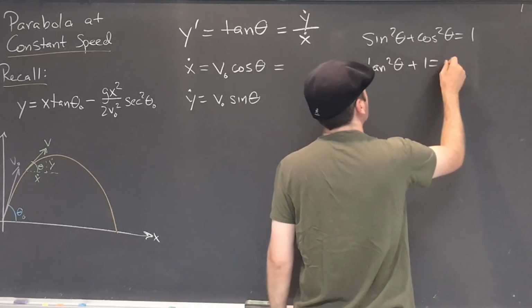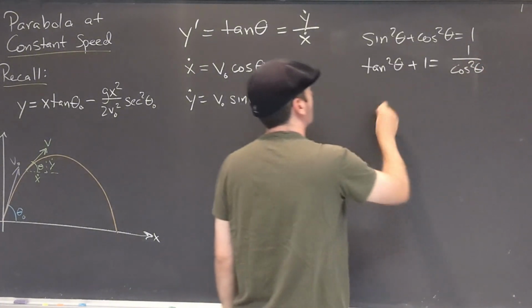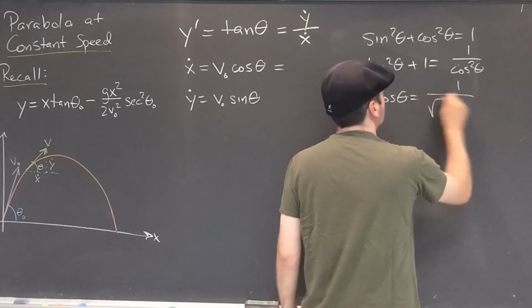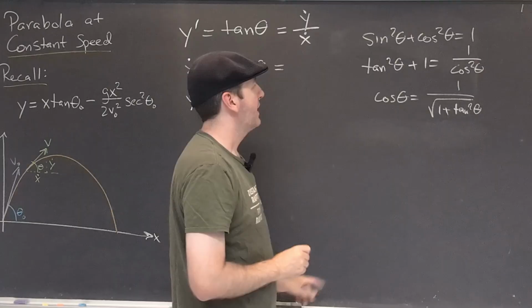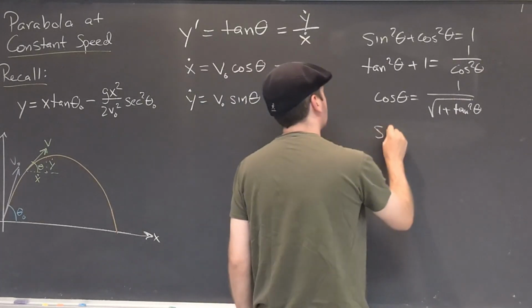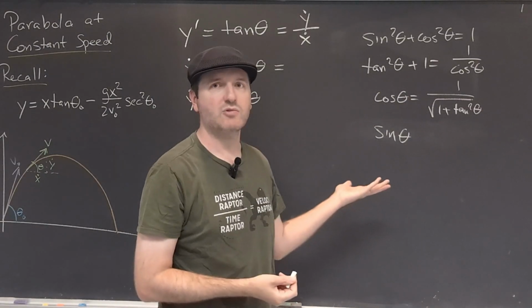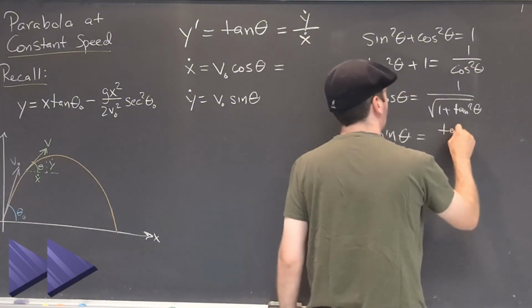Tan squared plus 1 equals secant squared, but that's 1 over cosine squared. So solving for cosine, we get that this is going to be 1 over the square root of 1 plus tan squared. And similarly, if I want sine theta, the easiest thing to do is just say sine is tangent times cosine. So we'll just multiply this whole thing by tangent.